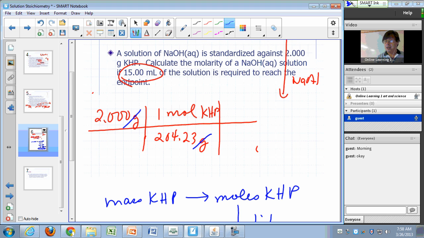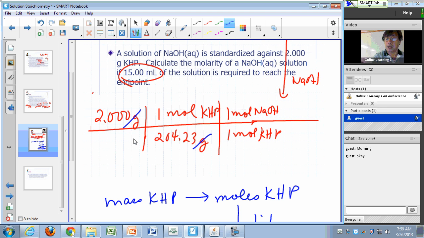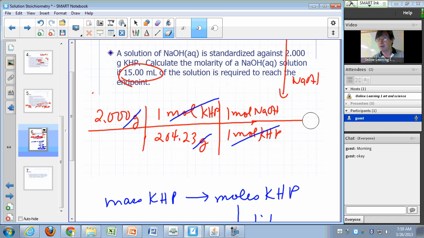Once you figure out moles KHP, then you know how many moles of sodium hydroxide is going to be needed to neutralize it, because the mole-to-mole ratio is 1:1. So you multiply that by 1 mole of sodium hydroxide per mole of KHP. And so moles KHP cancels out. Now that you know your moles of sodium hydroxide, all you have to do is divide the whole thing by the volume of sodium hydroxide. That will give you your molarity.